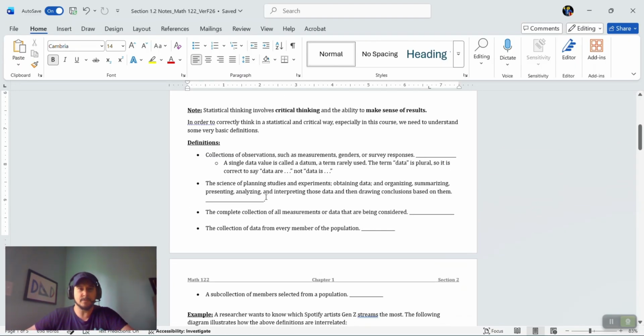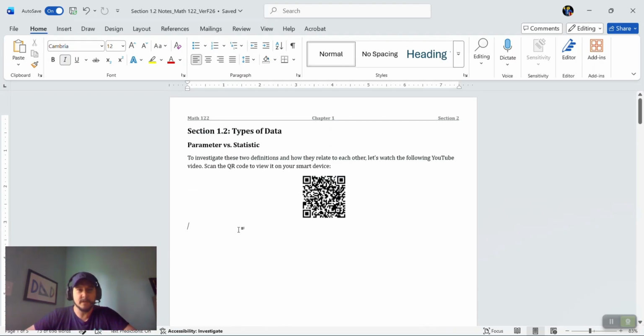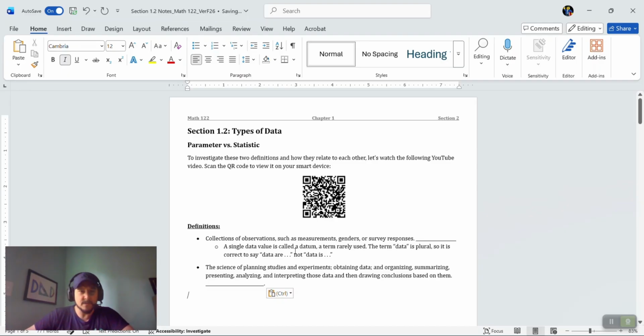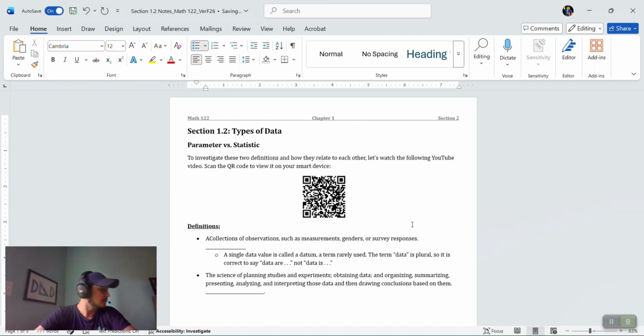Now I'm going to take some of this from our previous section and we'll do some definitions. And these definitions I'm going to take from our textbook. Okay, a parameter, you know what, I'll leave that blank just to get a little interactive, little bit of engagement on the student side.